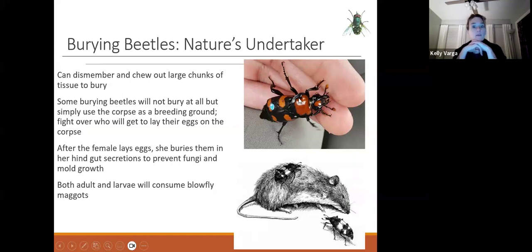Okay, burying beetles. These are nature's undertakers. They are absolutely one of the best, really, as the name implies, undertakers. They're very good at burying decaying remains of anything, animals, humans, etc., for their later food resource, but also to help break down and as a later food storage to tap into.